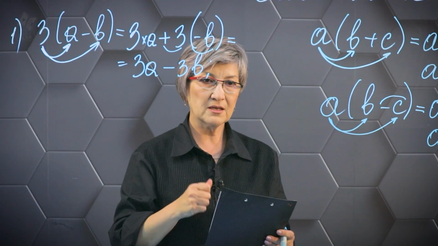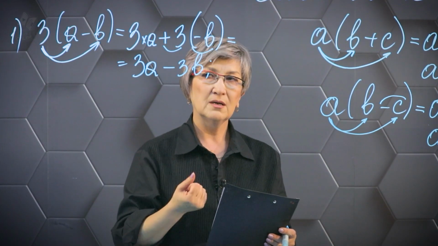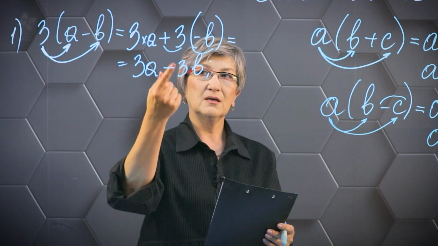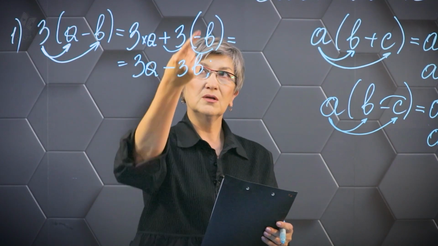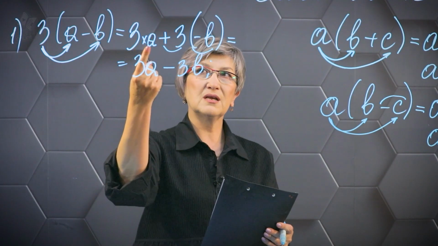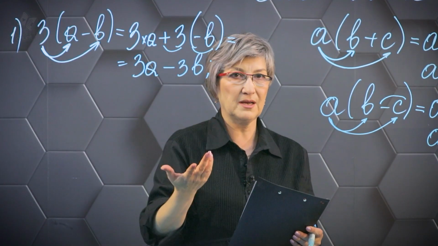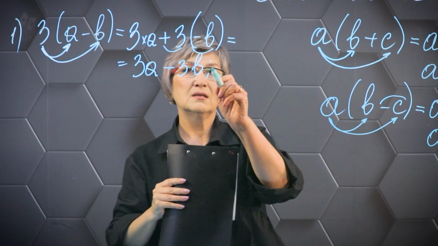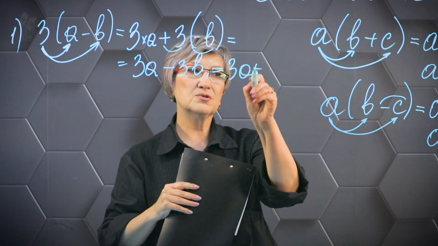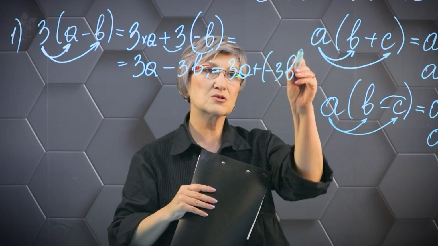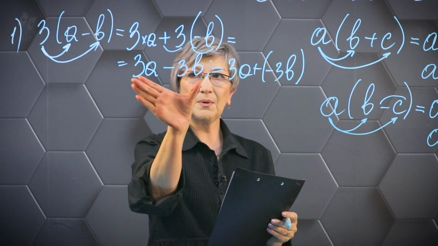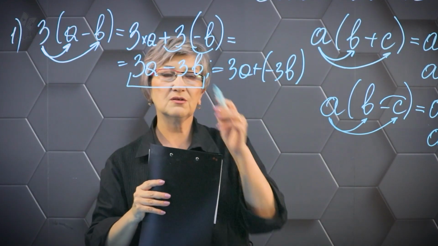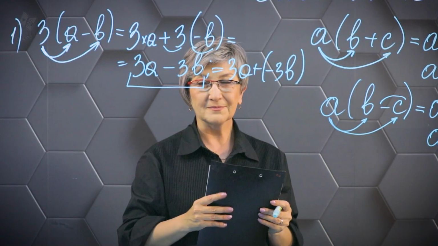I'll draw your attention to the fact that I say sum. We said that we can always write the difference as a sum. And we wrote down 3a plus minus 3b. So you get the sum, but it's customary not to write it with parentheses. So our answer is still 3a minus 3b.